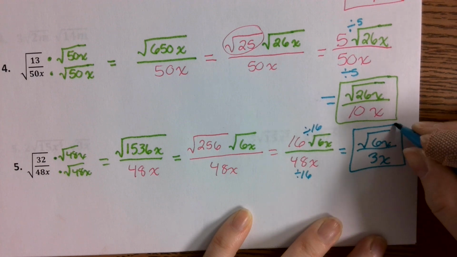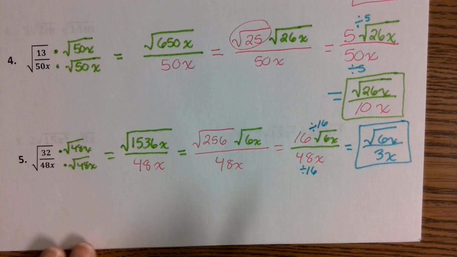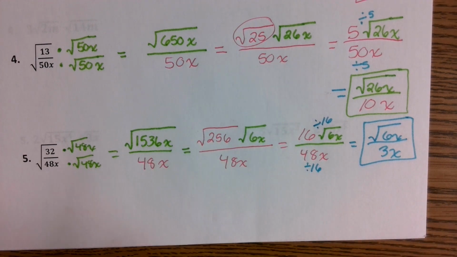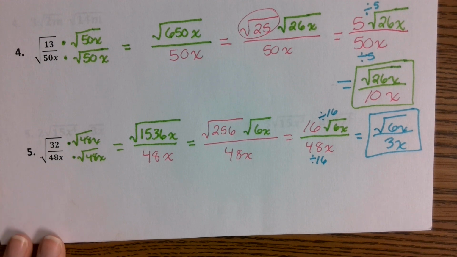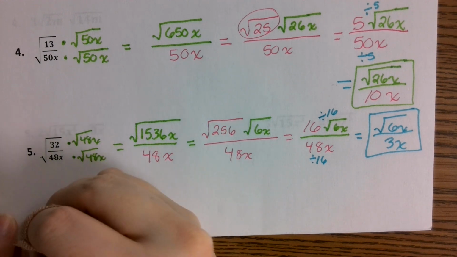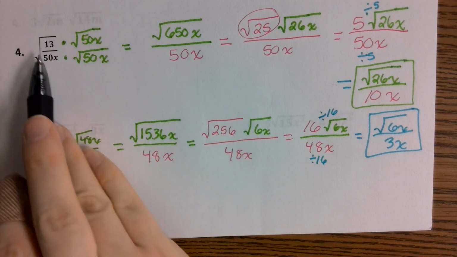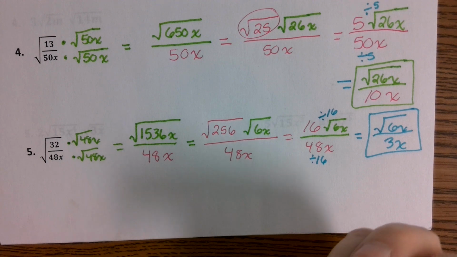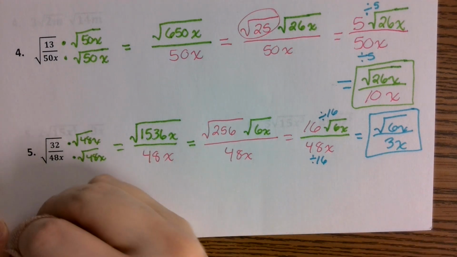But there is another way you could go about it if you're not wanting to deal with such large multiplications, such large products. What you could do instead is simplify first. There's nothing wrong with simplifying first if you're able to. With problem 4, we're not able to simplify, right? 13 and 50 have nothing in common. You wouldn't have been able to simplify that at all.